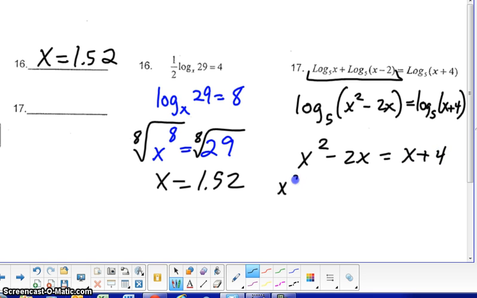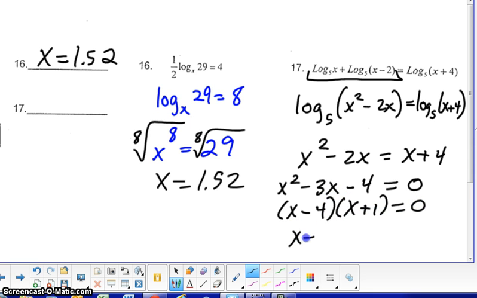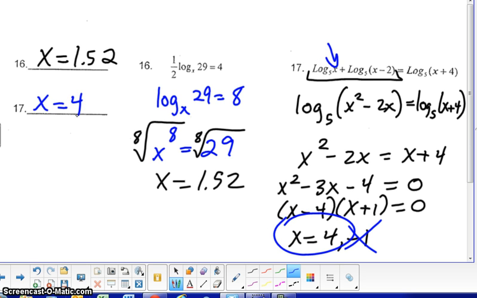Now, if you get everything to one side, you end up with x squared minus 3x minus 4, and now it factors. We want to use the zero product property, and negative 1 does not work with this particular log, so that is out. So x is only going to equal 4.